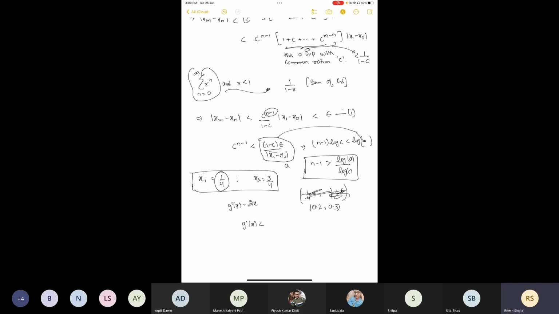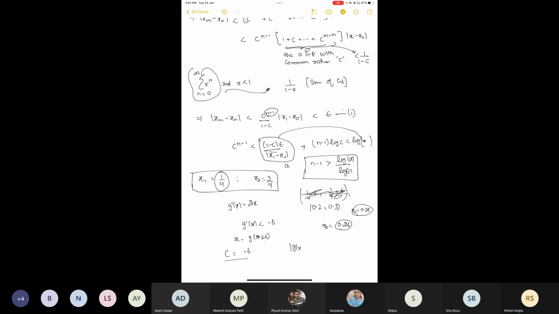And g prime x will be less than 0.6, right? So if you start with any point x naught, not 2, not 0.25 for sure, because otherwise it will not give you anything. Anything close to 0.25, say 0.26. Okay, we start with x naught to be this, and x1 will be g of 0.26 and so on.